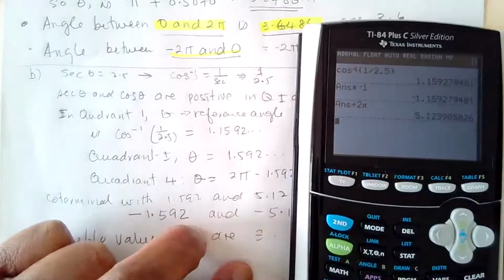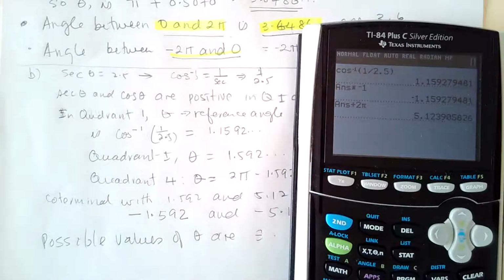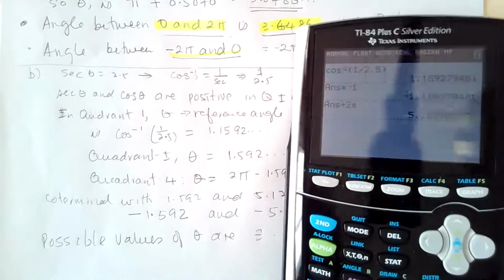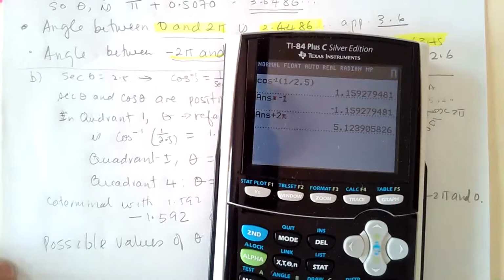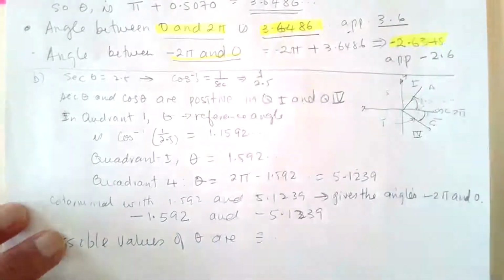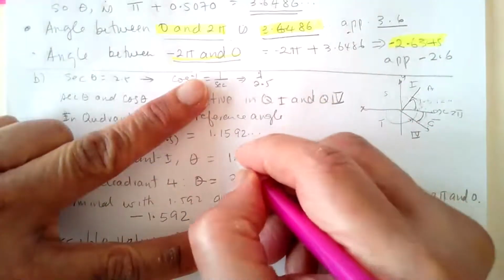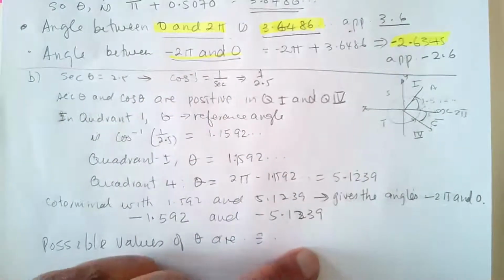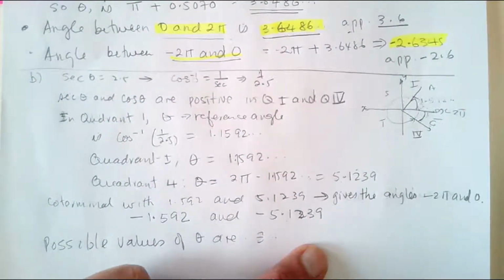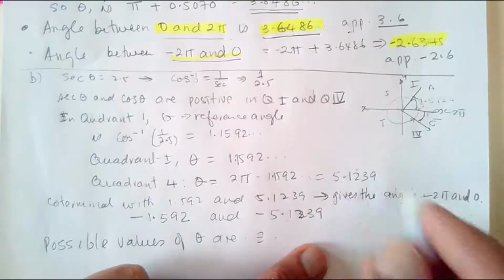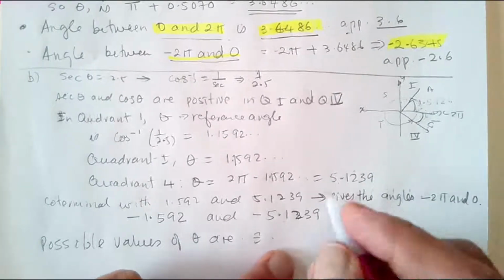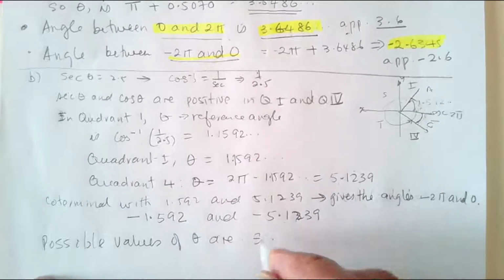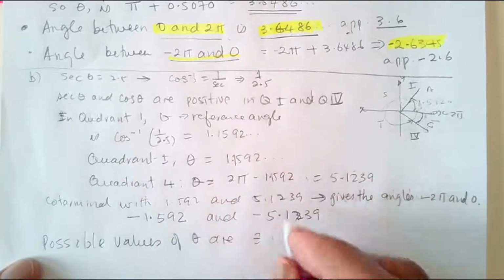Now let's do this again. Now I got this. It should be 1.159. And this should be giving us 5.12. Okay, got this all right.